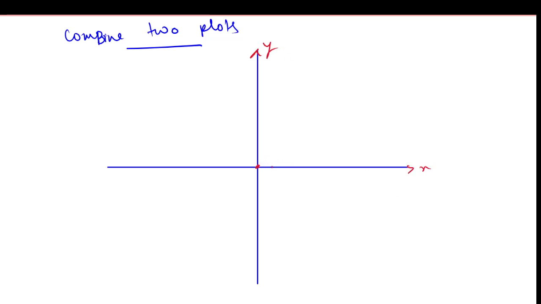So we have x: 1, 2, 3, and this is 0, and y has 1, 2, 3, 4, 5 and 6.